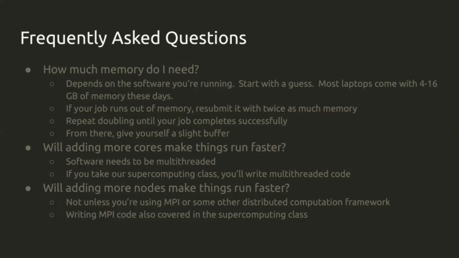However, your code needs to be set up to do that. Usually, researchers use a programming framework called MPI to do that. There are some others called like OpenSHMEM. There's a few more, and they all handle the distributed computations there because you have to send messages back and forth between those computers. And another little plug for our supercomputing class, MPI code is actually something that's covered there.